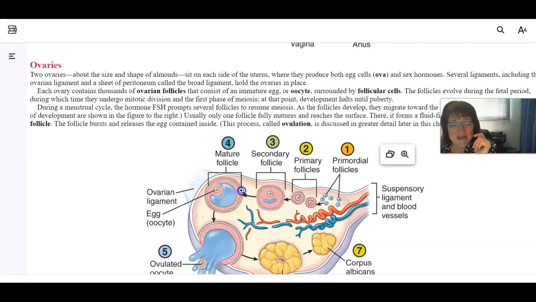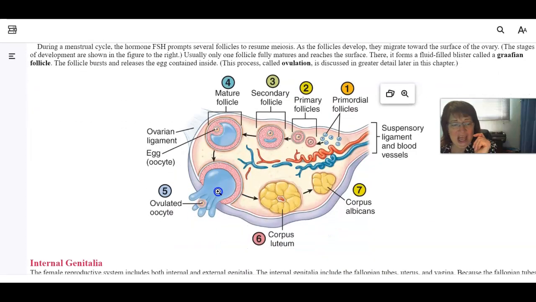Then as it develops a space, during ovulation, just the egg comes out and all these extra cells stay behind. And these extra cells that stay behind become something called a corpus luteum. Corpus luteum. And the corpus luteum will then disintegrate.